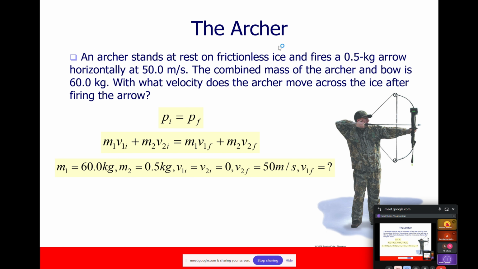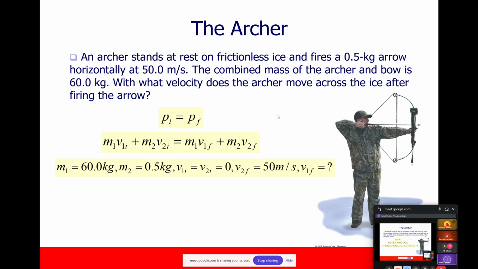But at the point where we fire the arrow, it has moved away from rest. It has attained this velocity of 50 meters per second. That's the final velocity of the arrow. So the mass still remains 0.5. The initial velocity of the arrow will be 0. So the combined mass of the archer and the bow is 60 kilograms. This is another mass.